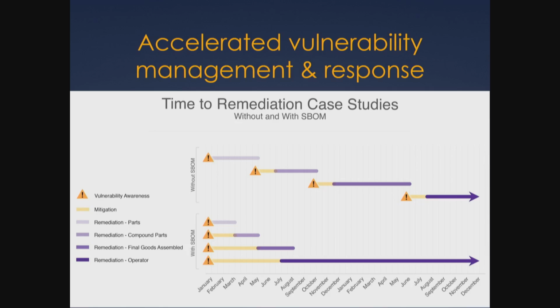Imagine a world of SBOM, though, where this little yellow piece, which is the ability to mitigate while you're waiting for later remediation, comes into play. If there's contemporaneous impact assessment, that hospital knows on day one that they are affected by this particularly bad thing.